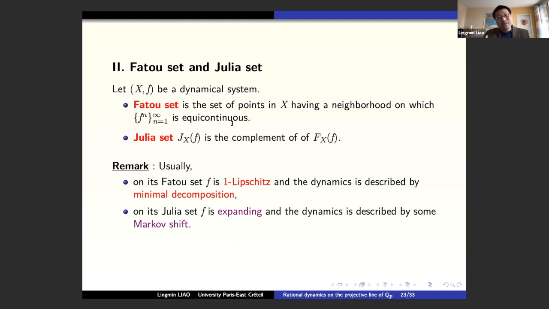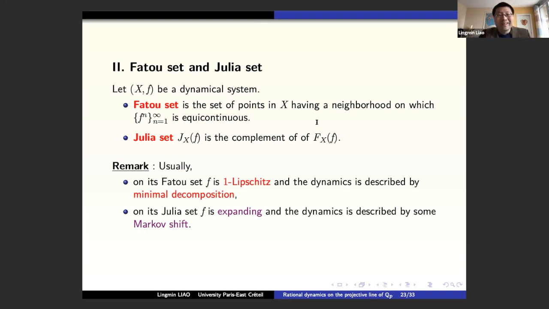Then you will find that this is something like one-Lipschitz on the Fatou set, and these things usually I need the minimal decomposition to describe.